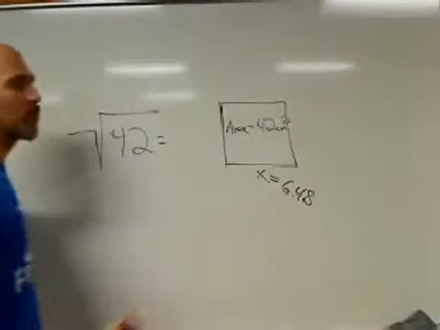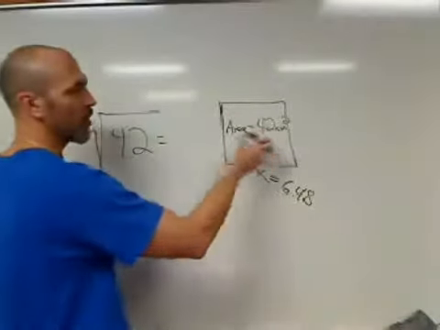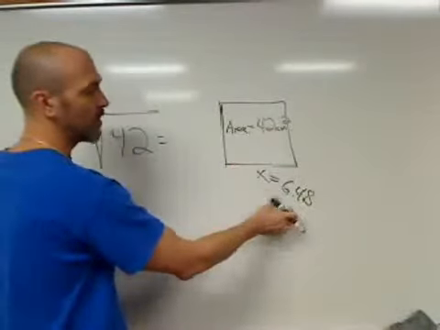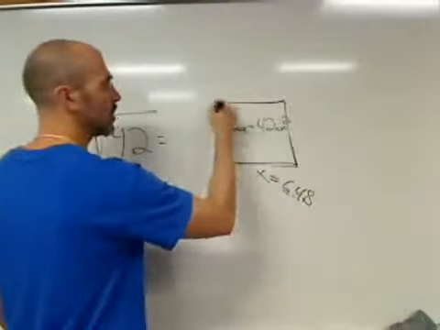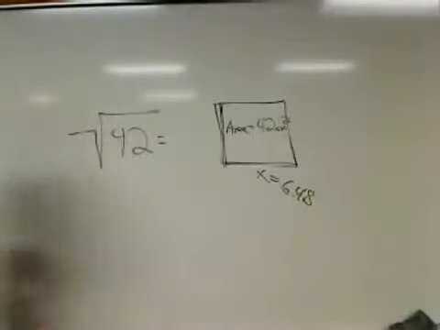Now, one of the popular things that we'll see on the STAAR test is instead of just asking, here's a square with the area of 42, what's the side? They'll ask for the perimeter. And then, of course, you would need to multiply this by 4, and it would be somewhere around 24 to 26.